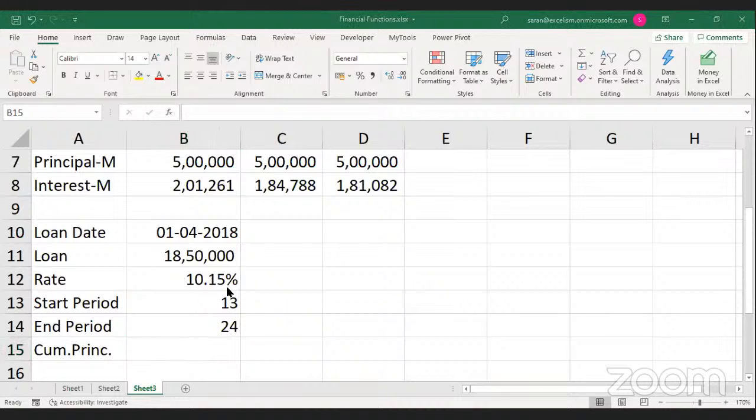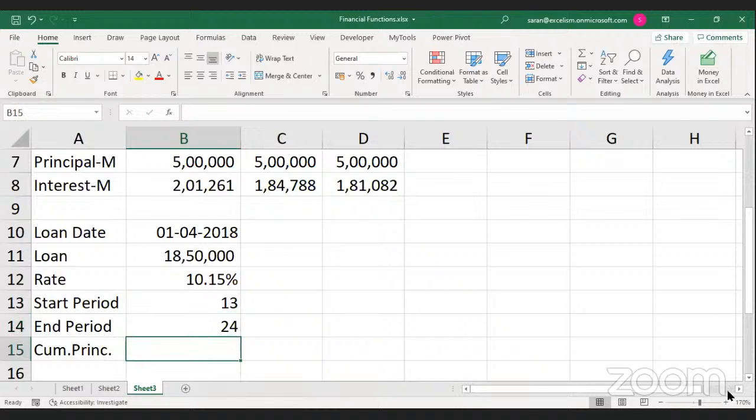The loan was taken in the month of April 2018, and in the last financial year he paid from the 13th period to the 24th period, because 13 is the period counted from the date he took the loan. From the 13th till the 24th period he paid in financial year 1920.